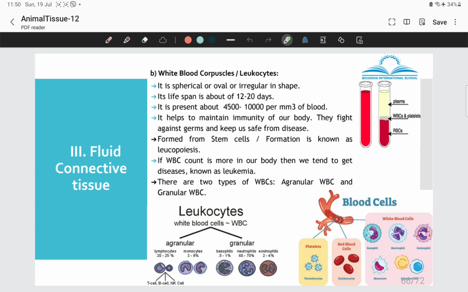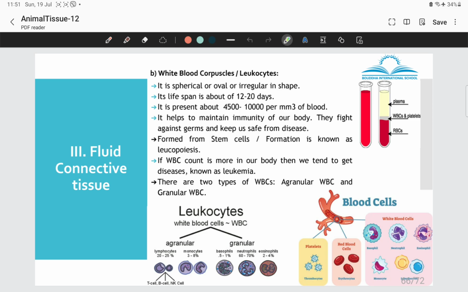If the WBC count is high in our body, then such a condition may lead to the disease known as leukemia. But normally when a person has an infection, in that condition also white blood cells will be more in the body. But if it is extremely high, then it is known as leukemia.